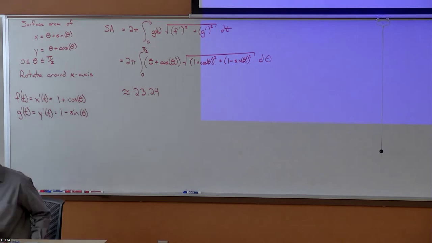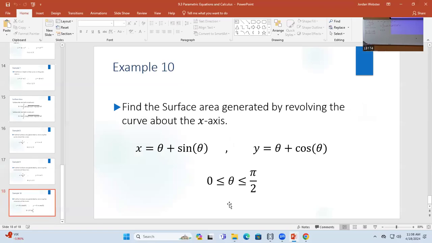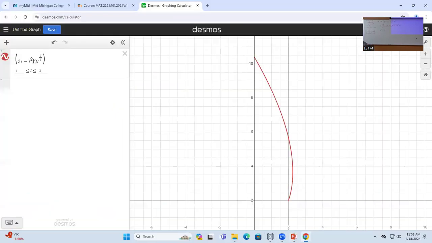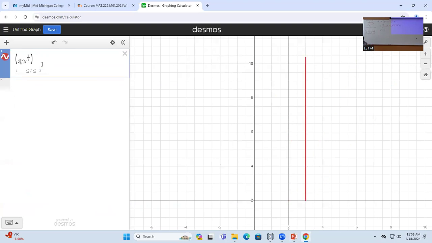Let's take a look at what that looks like via Desmos. So instead of doing theta, I'm just going to use t. So x is t plus sine of t. Y is t plus cosine of t.